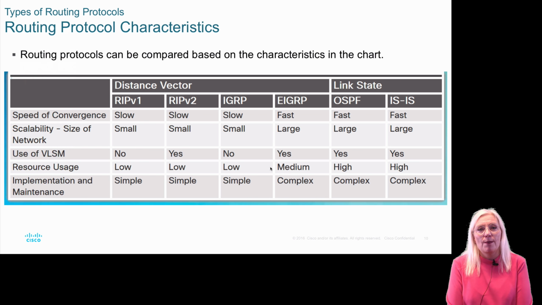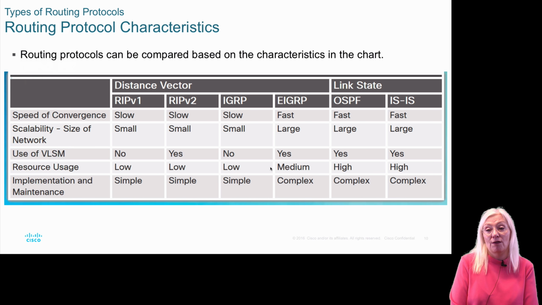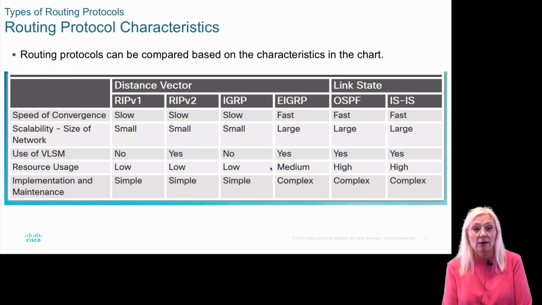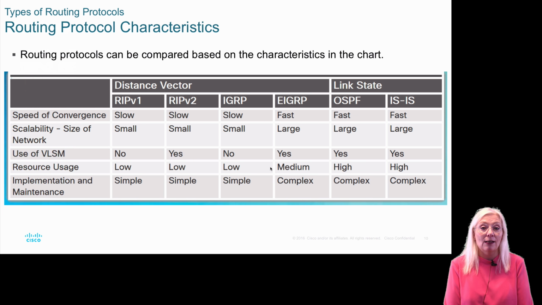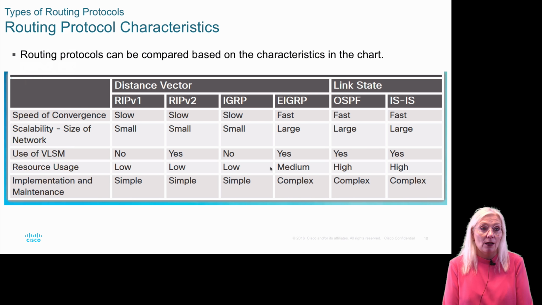If you look at RIP and IGRP, they are slow, whereas EIGRP, OSPF and ISIS are fast. Scalability: RIP is for smaller networks, EIGRP and OSPF are for larger networks. Use of VLSM: RIP version 1 does not support VLSM because that is a classful protocol, the same with IGRP.